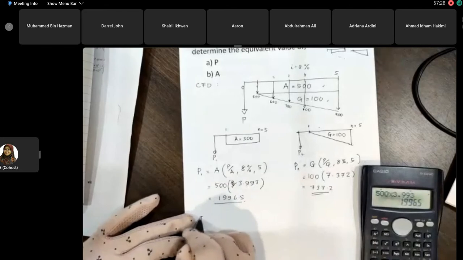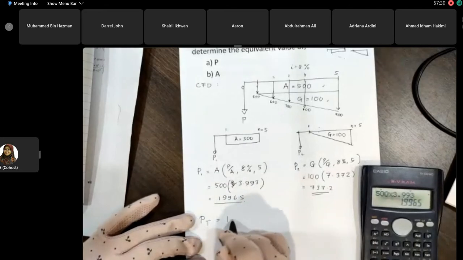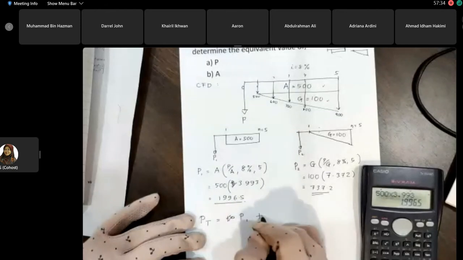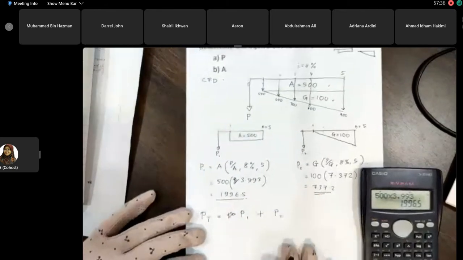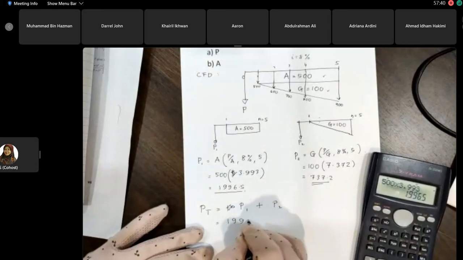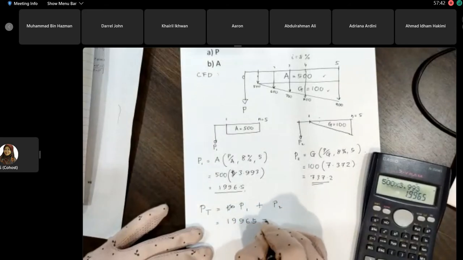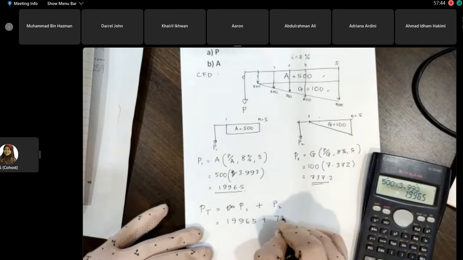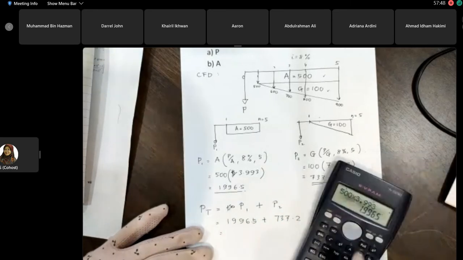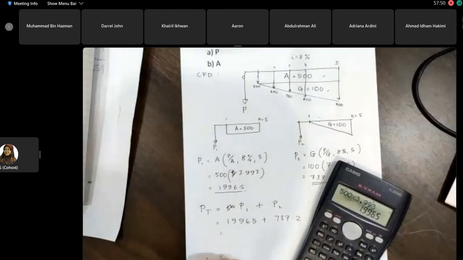So the total is P1 plus P2. Okay, so 1996.5 plus 7378. So look at plus 7378.